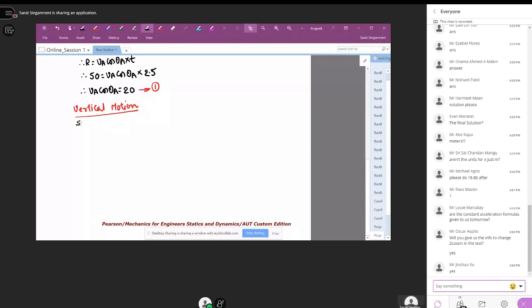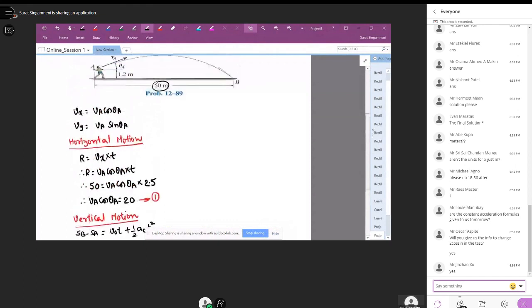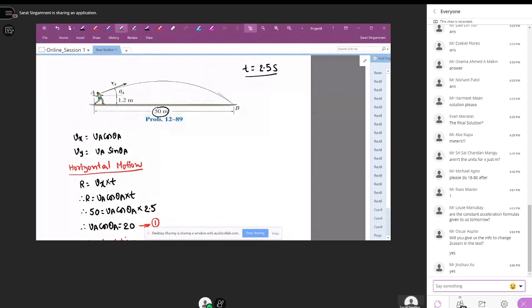Say SB minus SA in the vertical direction must be equal to V0 t plus half AC t squared. If you apply that equation, if you take that level as the origin, because he didn't give any other information, we can take that as the origin.